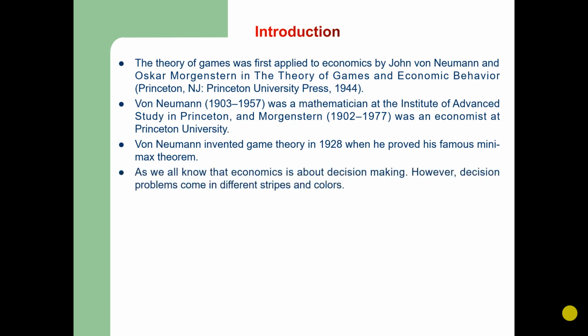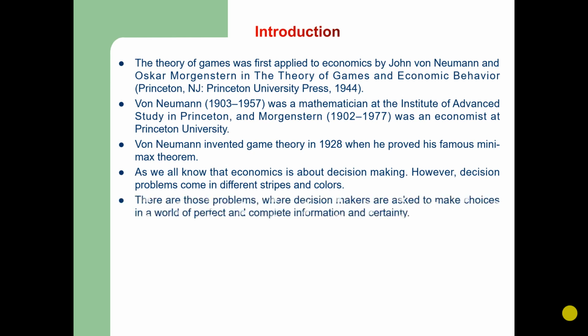As we know, economics is about decision making. However, decision problems come in different styles and colors. For example, a decision problem may occur in a world where there is complete information and certainty, and then there are decisions which need to be made in case of incomplete and imperfect information and uncertainty.